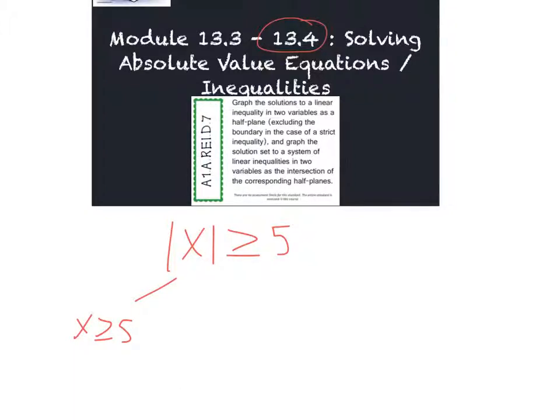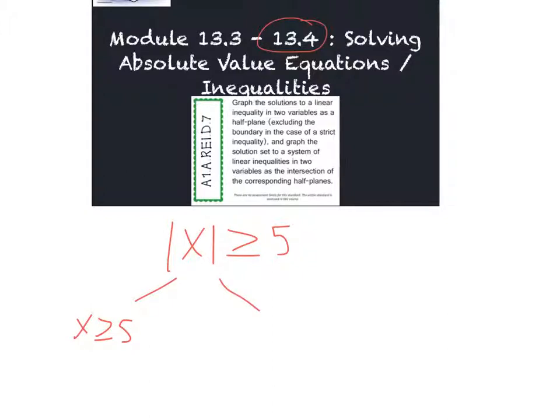But are those the only numbers that are going to make this inequality true? Well, let's think about it. What about if we were to plug in negative 5? Absolute value of negative 5 would be 5, which is equal to 5. What about if we were to plug in negative 7 or negative 8 or negative 9 or negative 10? Those negatives will all turn into positives, which would in fact be bigger than or equal to 5.